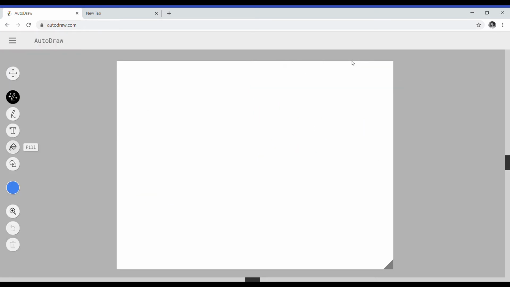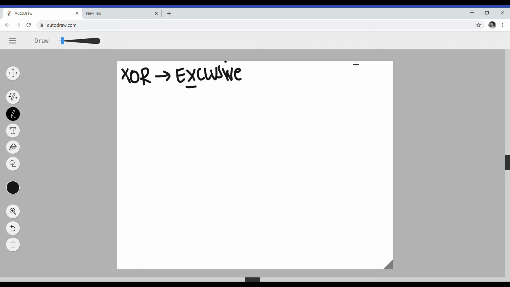Alrighty. Now for our last gate, this will be the most complicated out of the total of 6 that I have showed you, and that is the XOR gate, also known as the exclusive OR. I say that this is the most complicated because the XOR gate is actually a combination of 3 gates.